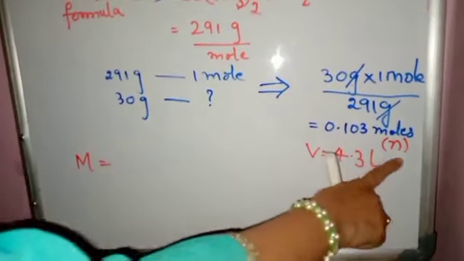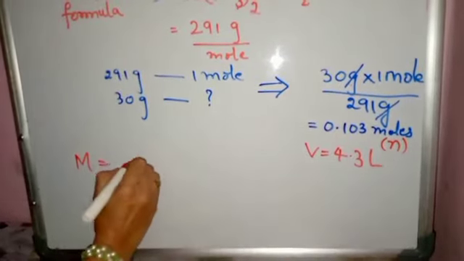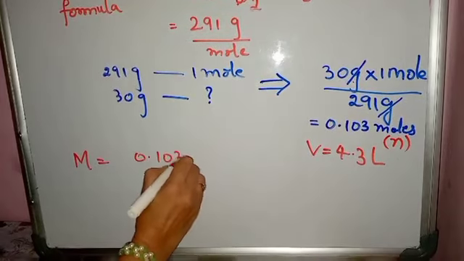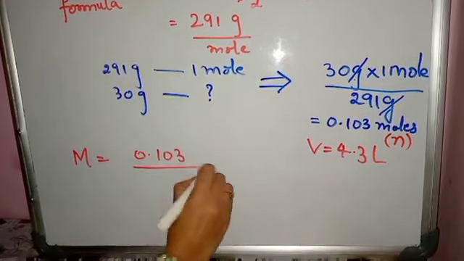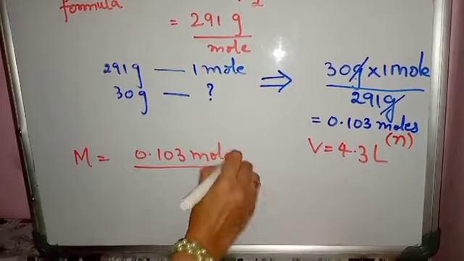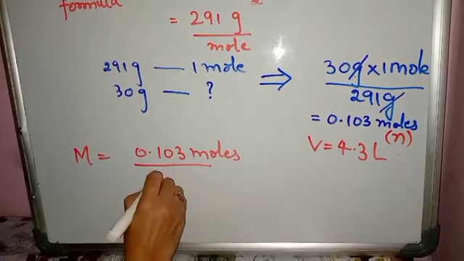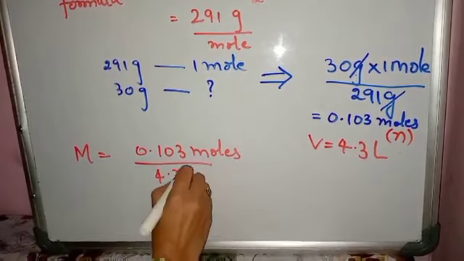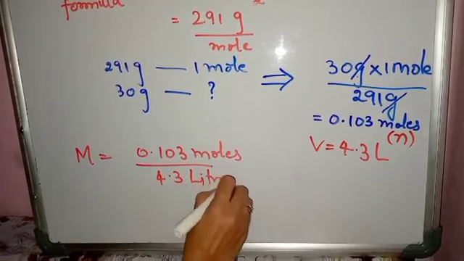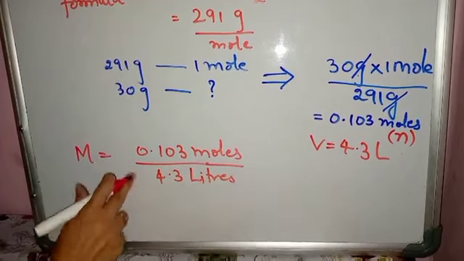M is equal to n by V. How much is n? 0.103 moles, divided by 4.3 liters. Do the division.